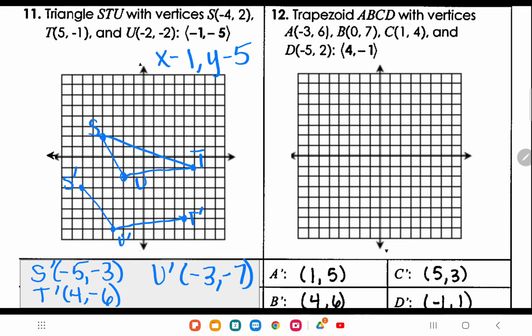What you'll notice is that if I draw vectors to connect each vertex to its translated vertex, all of those vectors should have the form ⟨-1, -5⟩. And so I didn't graph S prime correctly. S prime should be over here.